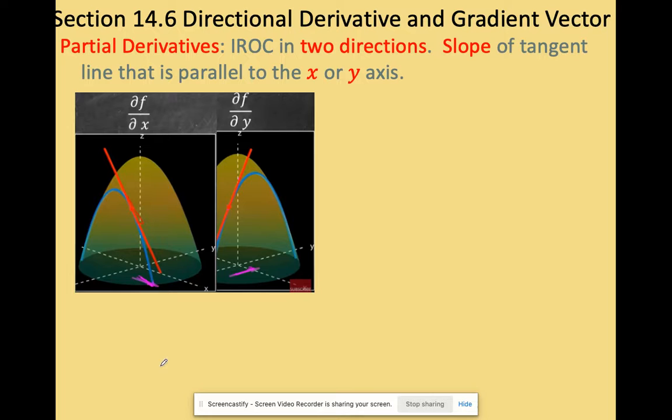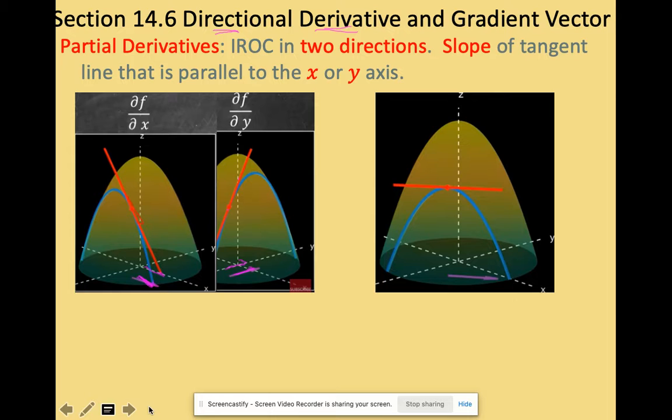That's called a directional derivative, a derivative with direction. Notice, though, that when I'm holding y constant, my directional derivative projected down onto the xy plane is parallel to the x-axis. And when I'm holding x constant, my directional derivative is parallel to the y-axis. Well, what if I don't want to be parallel to either?